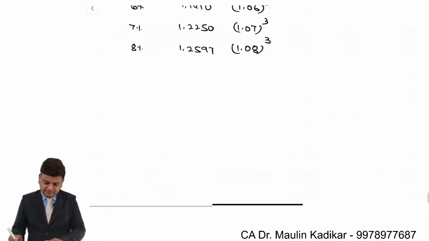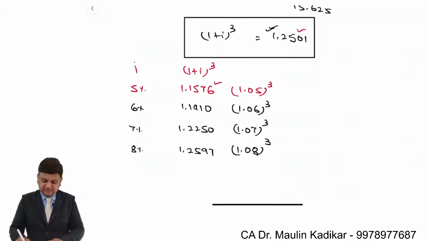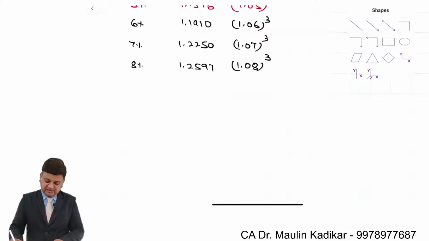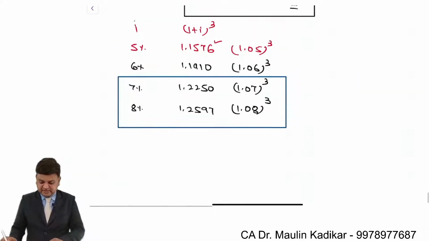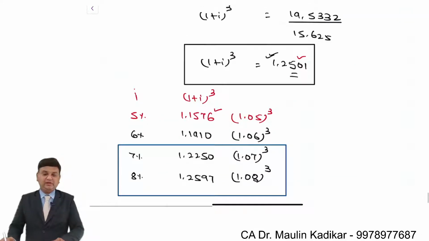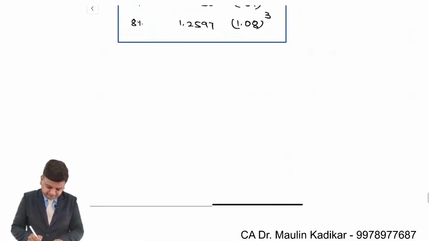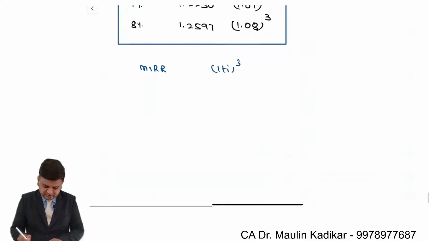Okay. So now we understand that 1.2501 is falling between 7% and 8%. So we are required to do interpolation of 7% and 8% to compute the modified internal rate of return. So now, the modified internal rate of return and (1 + i)^3.